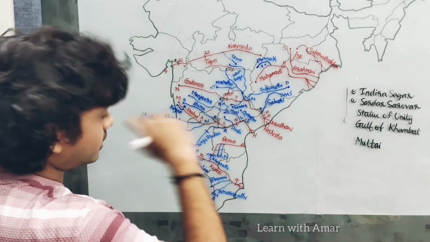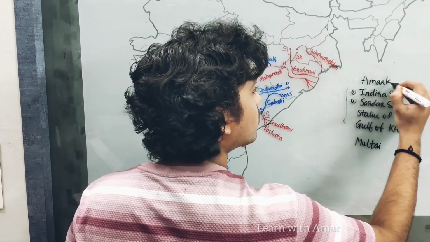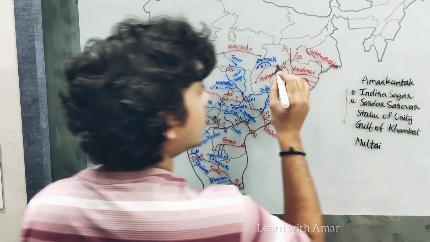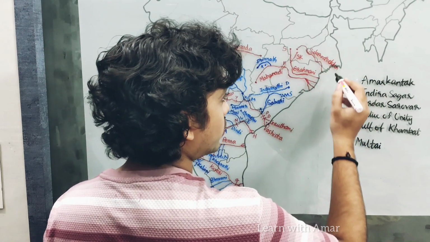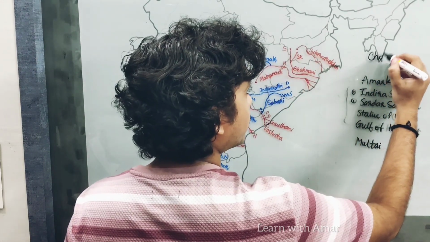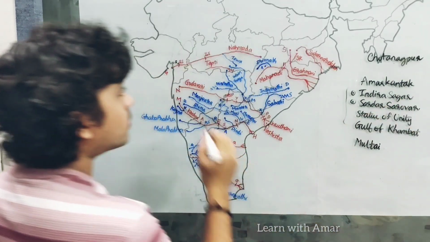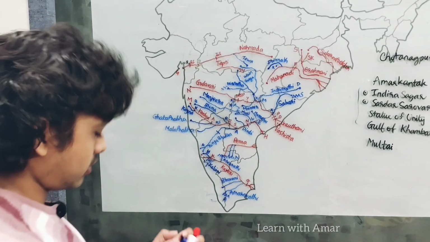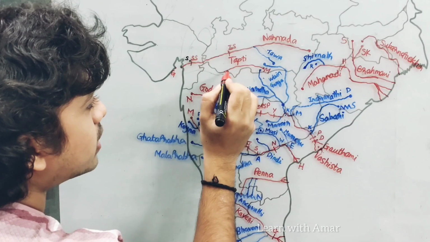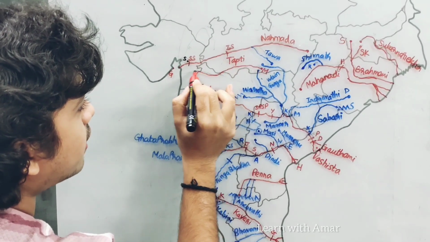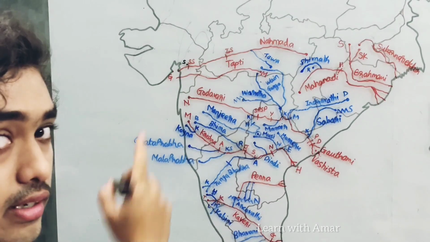And Narmada, where was it originating? It was in Amarkantak Plateau. Also, where were these originating? This Shank, South Koel and Subarnarekha, that was Chota Nagpur Plateau. These both are plateaus. So Multai in Satpura range is where Tapti originates. It flows through Madhya Pradesh, Maharashtra, and then Gujarat, and also like Narmada, it joins the Gulf of Khambat in Arabian Sea.